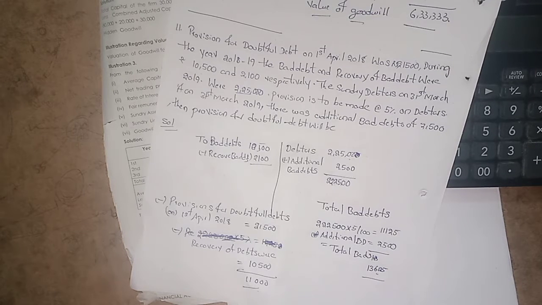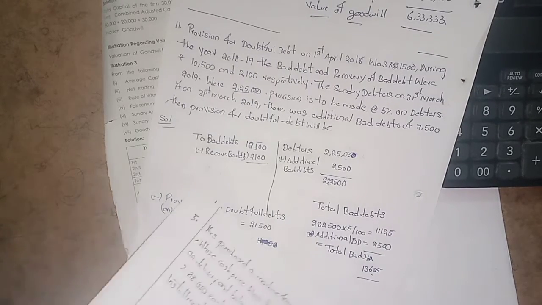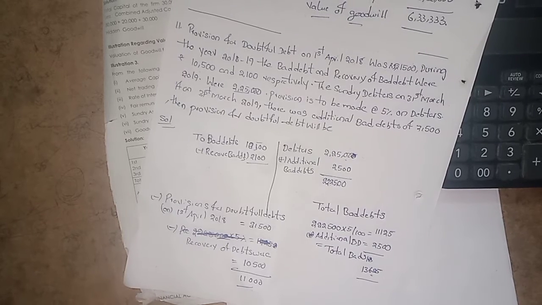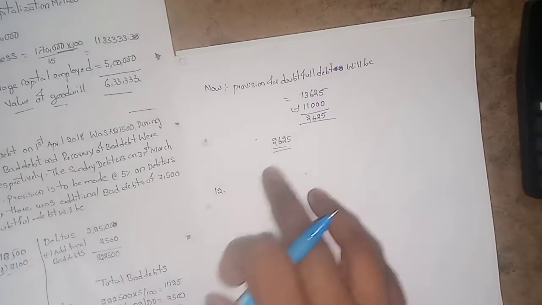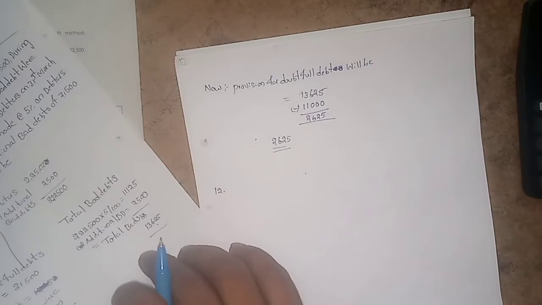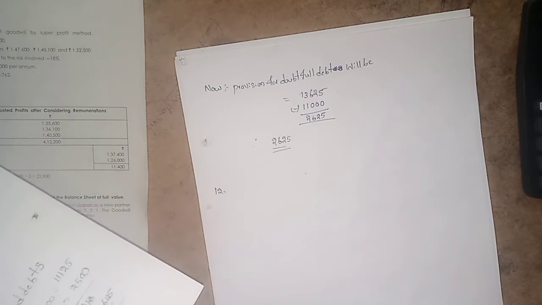Now we calculate here. Now the provision for doubtful debts will be 13,600. So this is clear. Problem 11 here.